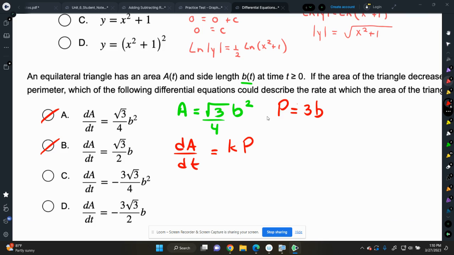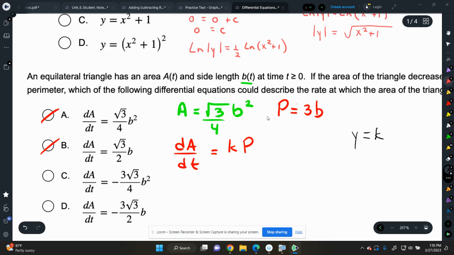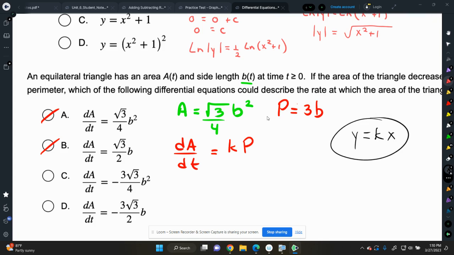Anytime we hear that something is proportional, you should be thinking back to pre-algebra, y equals kx. That's your proportional function, and k is the proportionality constant. Anytime you hear proportional, y equals kx should jump into your mind. So here we have k times p. It's proportional to the perimeter.